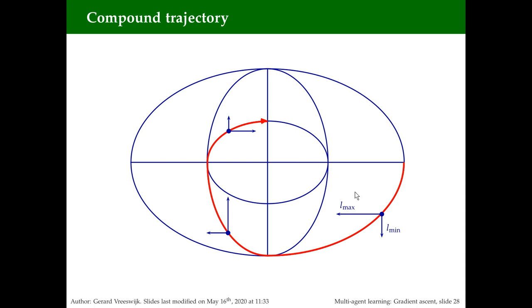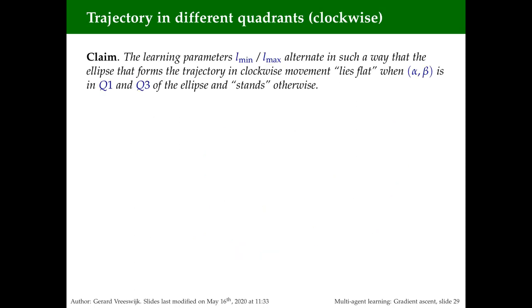And in this case there will be convergence. So in words, the learning parameters Lmin and Lmax alternate in such a way that the ellipse that forms the trajectory in clockwise movement lies flat when alpha beta is in the odd quadrants and stands otherwise.